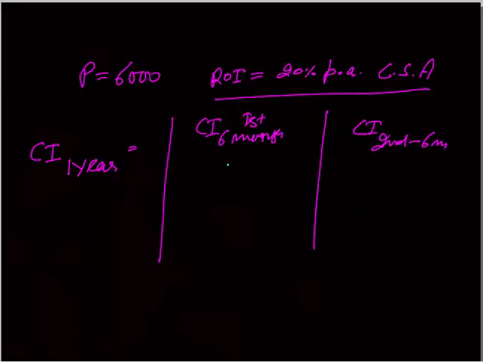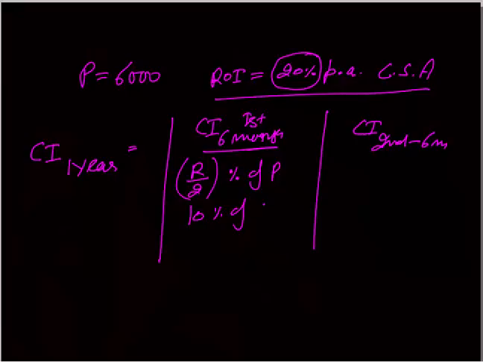For the first 6 months, your rate of interest is 20% per annum compounding semi-annually, but for 6 months the rate of interest will be R by 2. So R by 2% of P. This is the compound interest for the first 6 months. That is 10% of 6,000, that is 600 rupees.